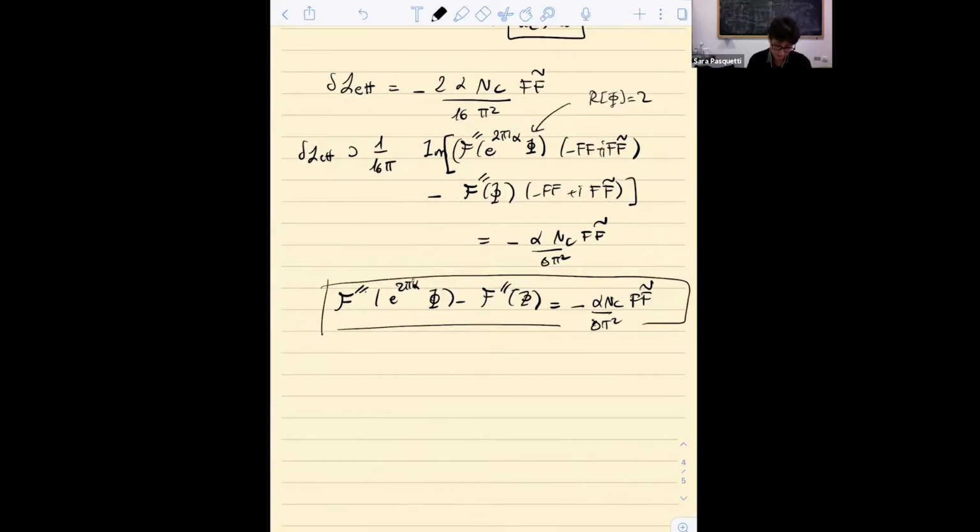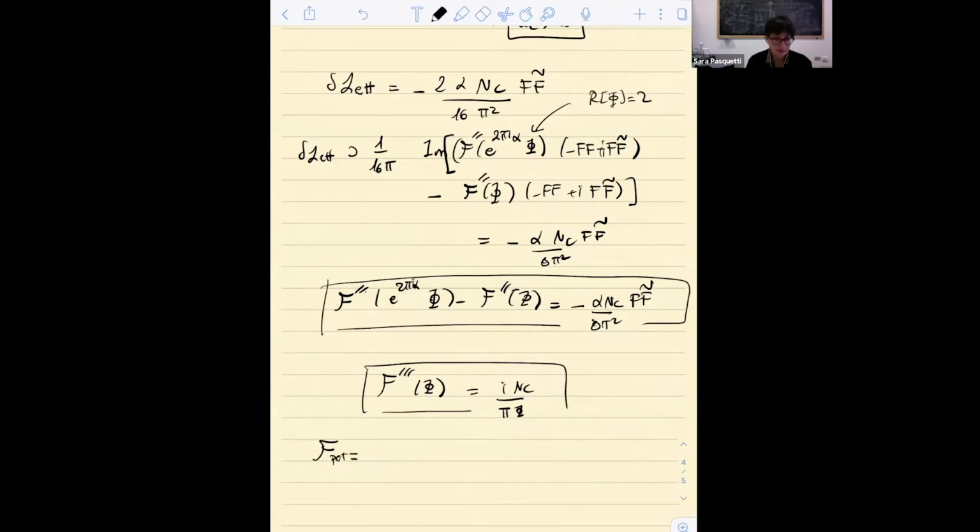If I Taylor expand the second derivative of F, basically I get an equation for the third derivative of F in terms of i N_c over pi phi. I'm just linearizing, Taylor expanding to first order in alpha this expression. Good. And then I simply integrate this equation in phi.